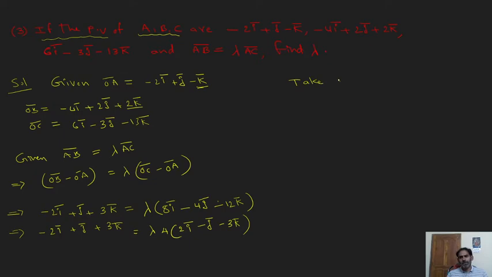Take modulus on both sides because here the lambda value is required. This is a vector, I am writing just the lambda value.